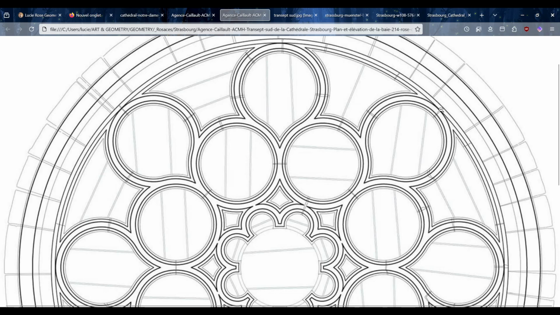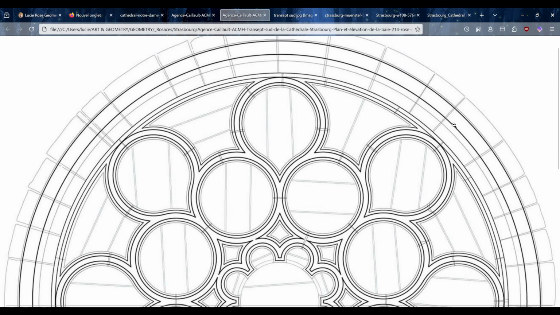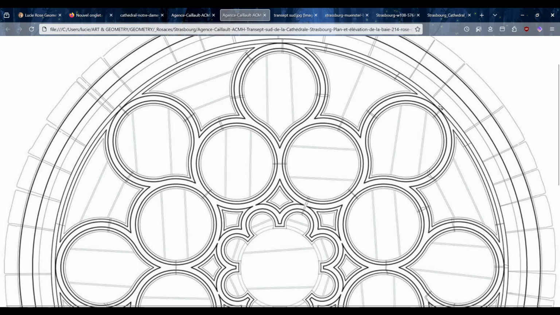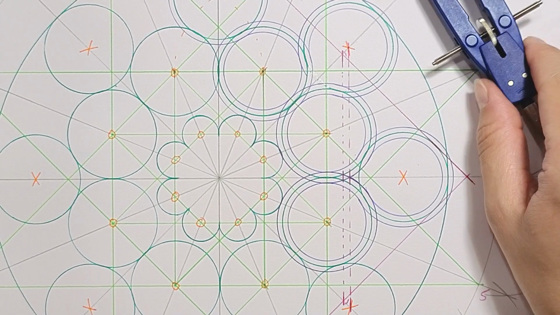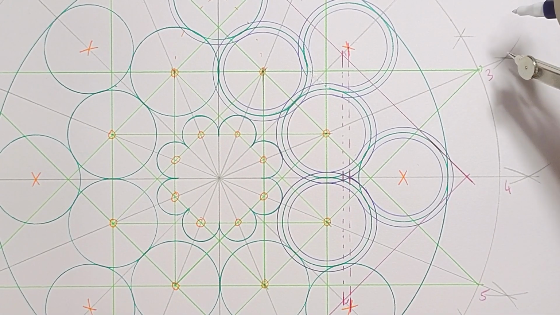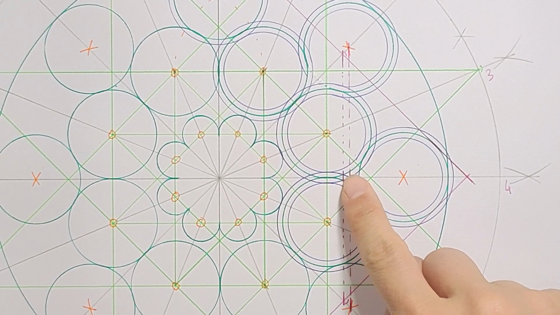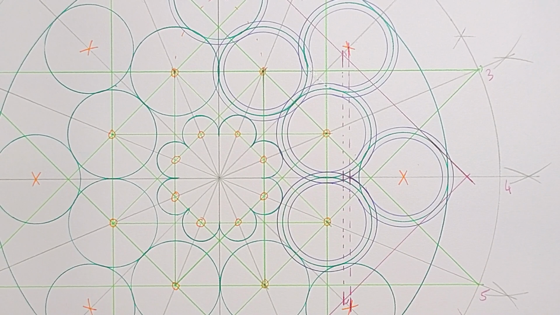So just for the sake of simplicity, I'm going to add the same thickness to our circle on the drawing, but just to let you know, the original has something a bit different going on with this outer circle, but it's just detailed rendering choices.